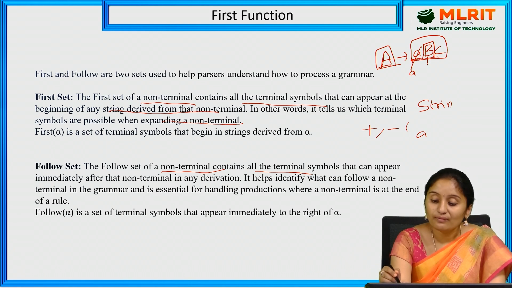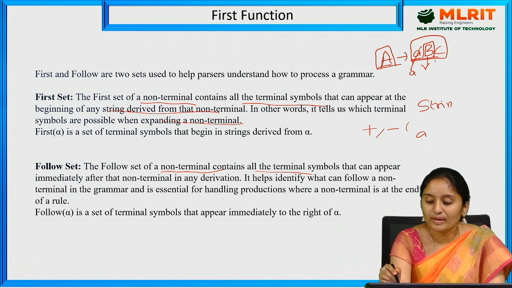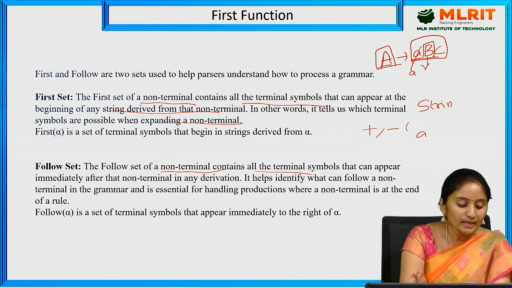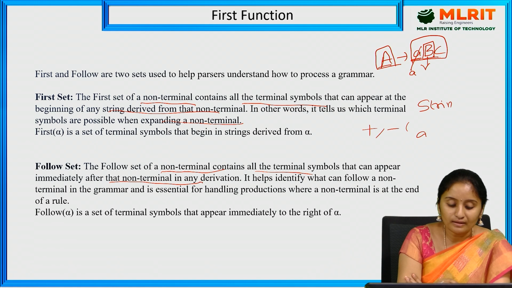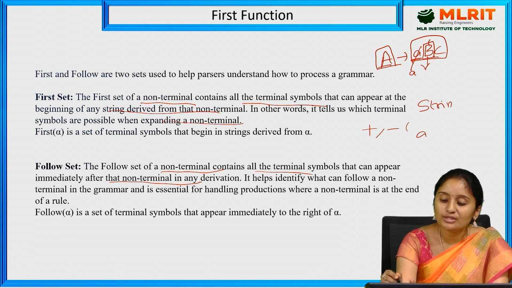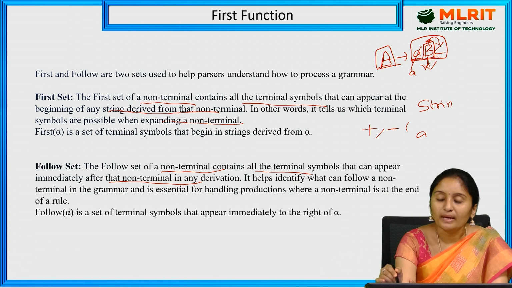If I want to find the Follow of B, then exactly after this B, if I find any terminal, that is my Follow of B. If I find a non-terminal, then again I need to apply the rules over there. Immediately after the non-terminal in any derivation, if I find a terminal, that is my Follow of B.